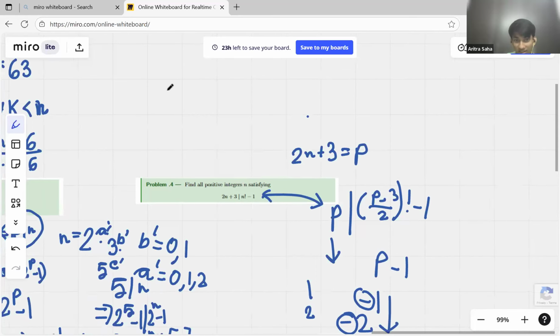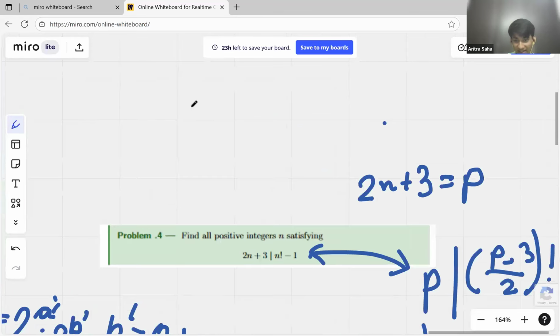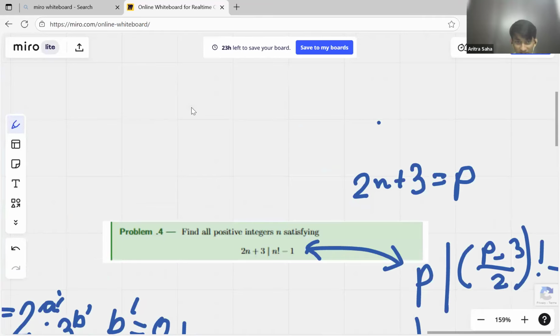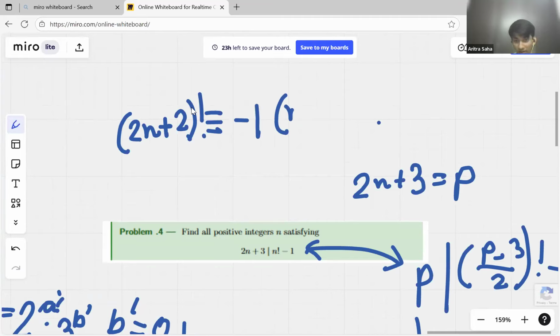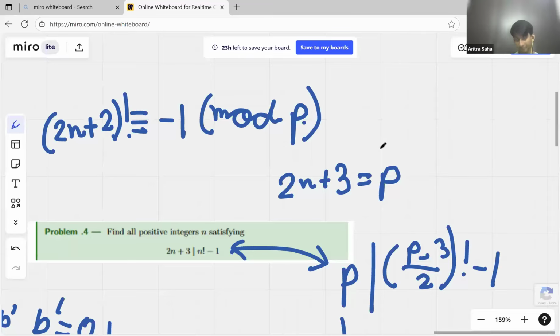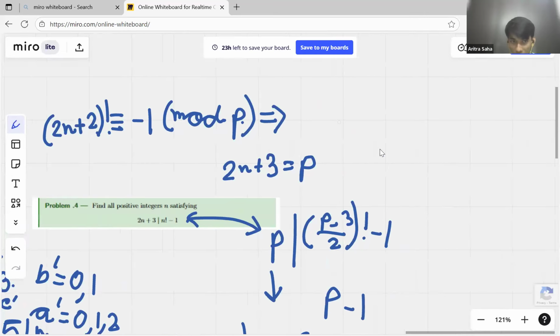Exactly. So I'll just write that idea in terms. What you know is (2n plus 2) factorial is obviously minus 1 mod p, where p is 2n plus 3. You know that n factorial is 1 mod p. So you remove the n factorial stuff.